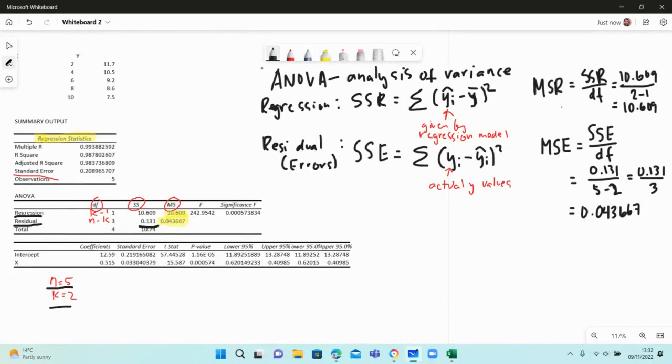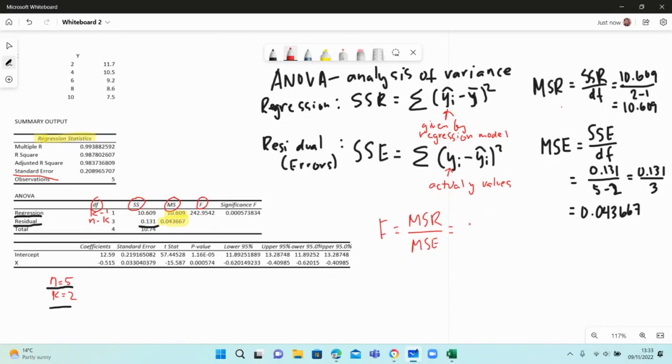Okay, and the next column for the ANOVA part is the F column. So the F statistic is actually formed by considering the ratio MSR over MSE. So this is how the F statistic is defined whenever we use the ANOVA functionality, or the ANOVA part of the regression analysis.